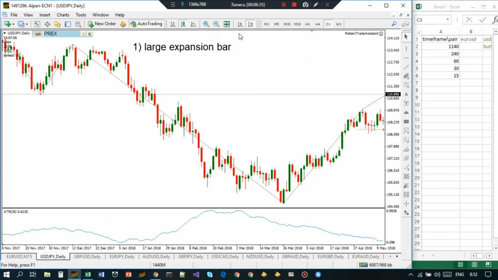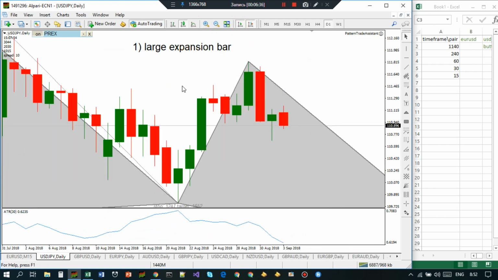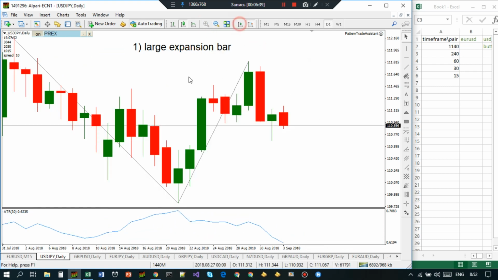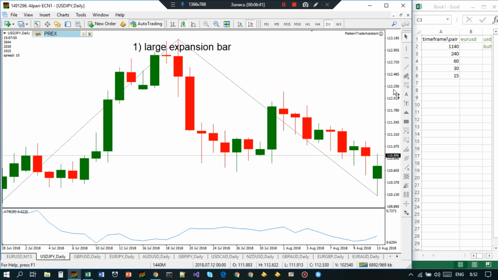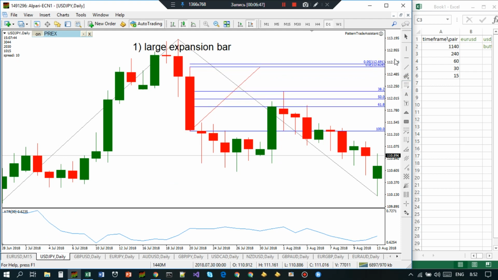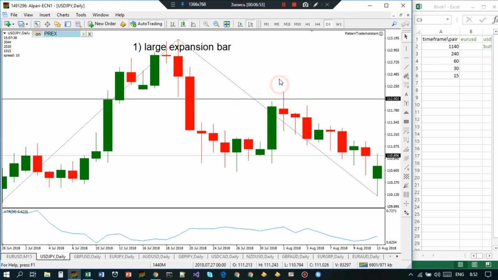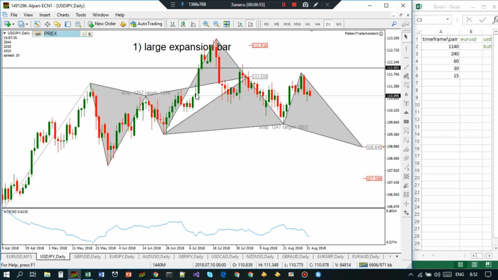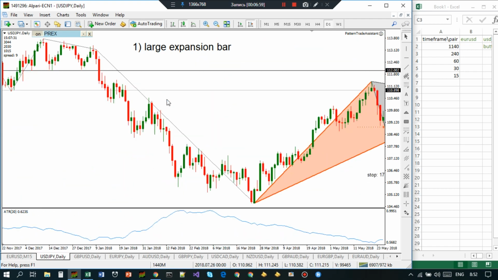So basically what you need to do is to zoom in, and then you find that large expansion bar. It is basically the same. You have the midpoint of that, 50%. These are the levels that you should pay attention to, these 50% levels of large expansion bars.